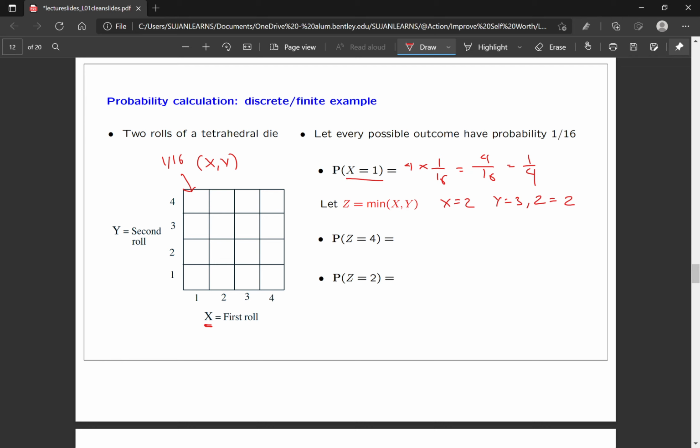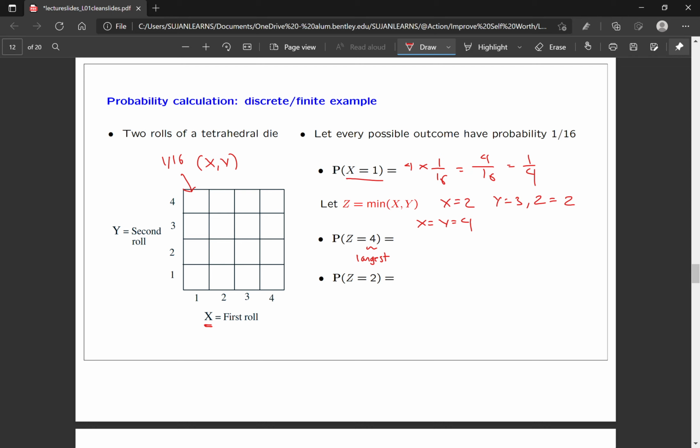Now, the question says: what's the probability of z equal to 4? This is only possible when x is equal to y is equal to 4. I say that because 4 here is the largest number, and it is saying that the minimum value of this expression is the largest number, so nothing can be less than 4.